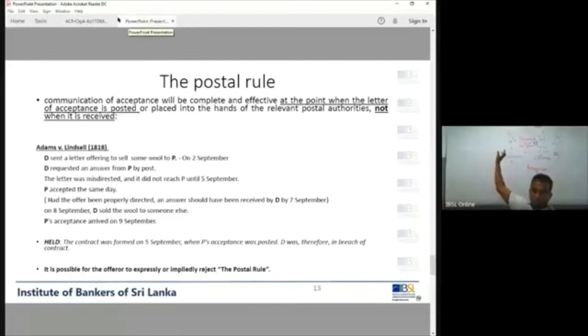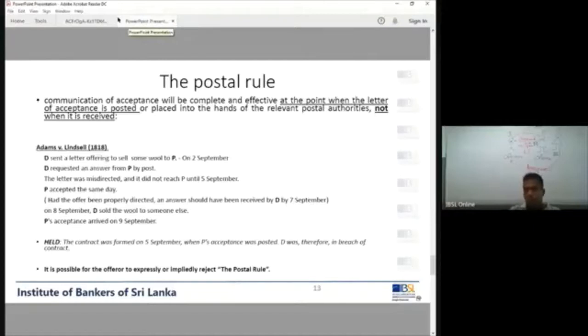Unless the acceptance is communicated to the offeror, the acceptance is not complete. That is one of the main requirements of a valid acceptance.